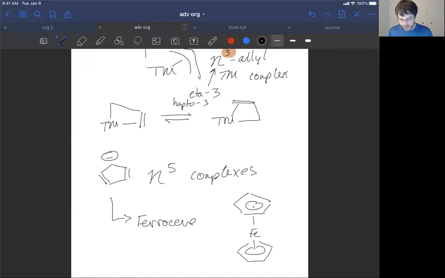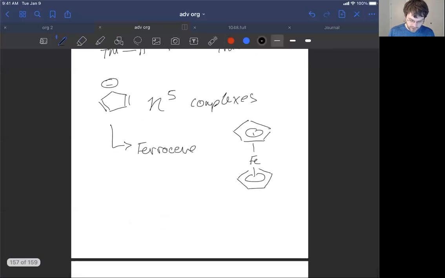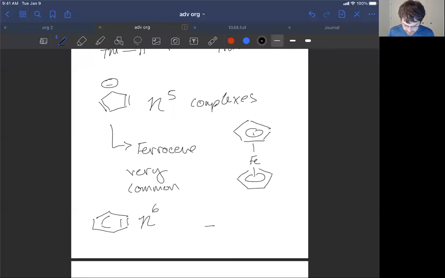We're actually simultaneously connected to all 5 atoms at once. This is very common. And you could do the same thing for benzene. And in benzene, you have the transition metal simultaneously connected to all 6 atoms. And you could even have some puckering where you're on 3 atoms at once, that sort of thing. And you just pay attention to that number.